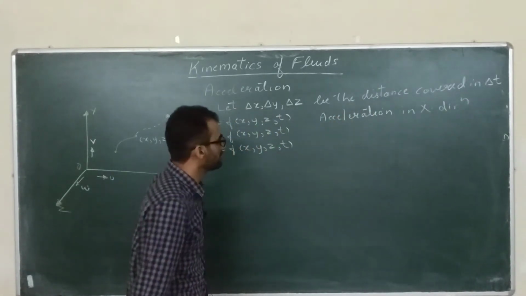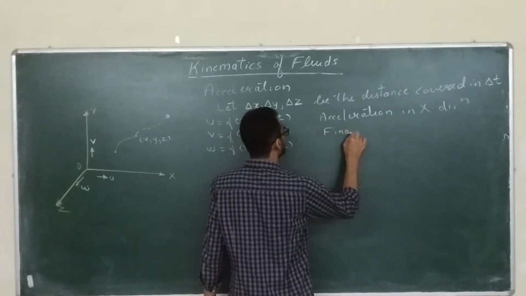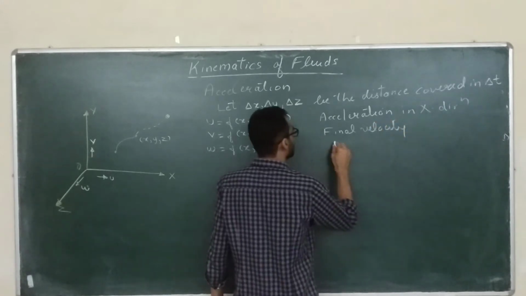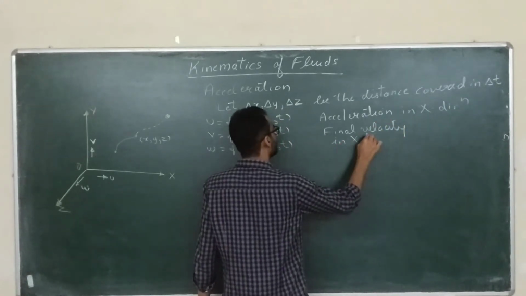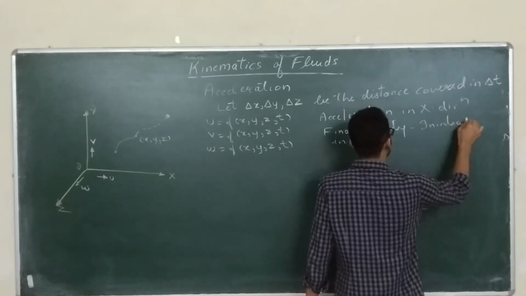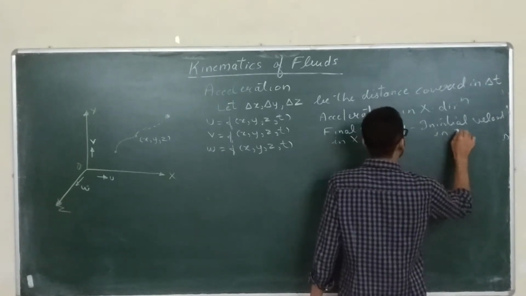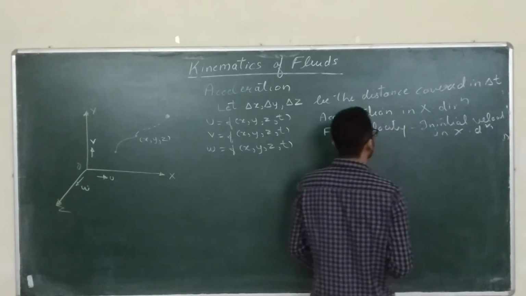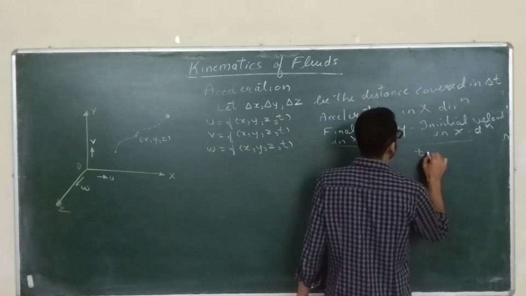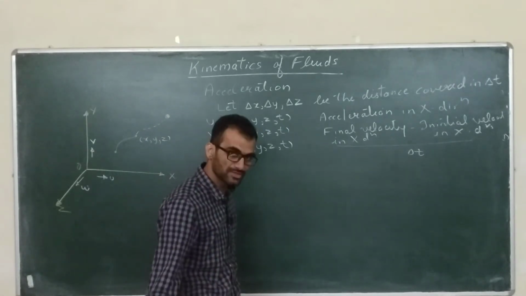For that we'll have to find the final velocity in x direction minus the initial velocity in x direction, divided by time, divided by delta t. This is how we'll go about finding the acceleration.